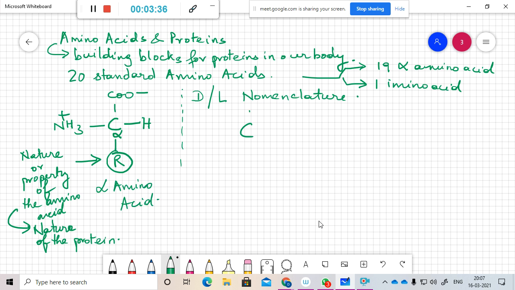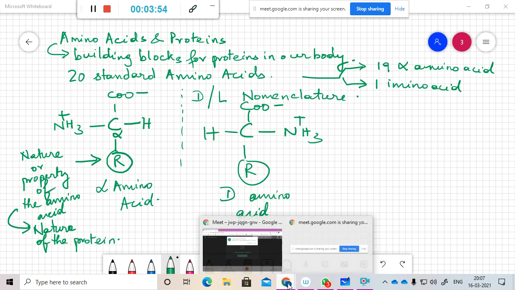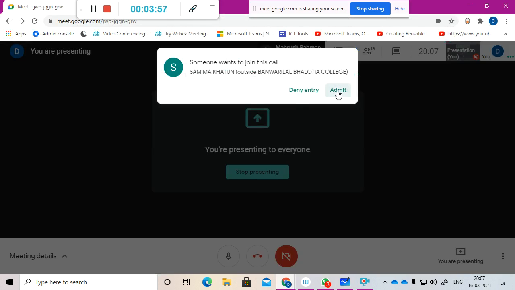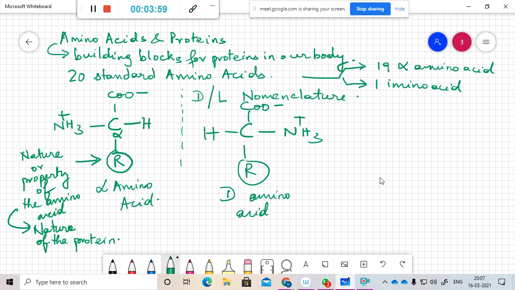But when the NH3 is on the right side, this is a D amino acid. So this is how the basic DL nomenclature of amino acids stands.